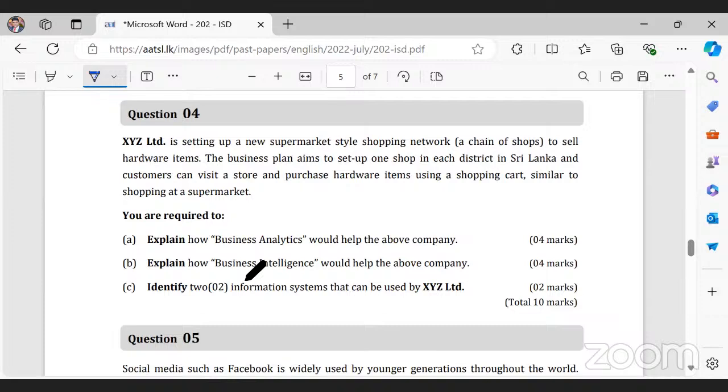The business plans to set up one shop in each district in Sri Lanka, and customers can visit a store and purchase hardware items using a shopping cart, similar to shopping at a supermarket. Explain how business analytics would help the company.